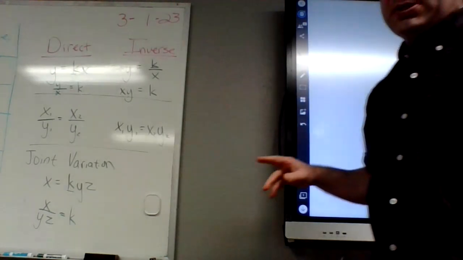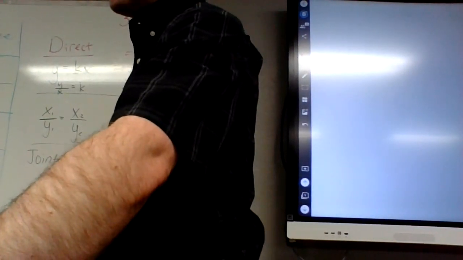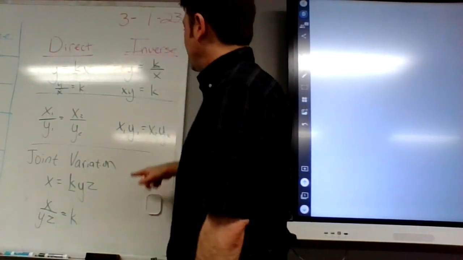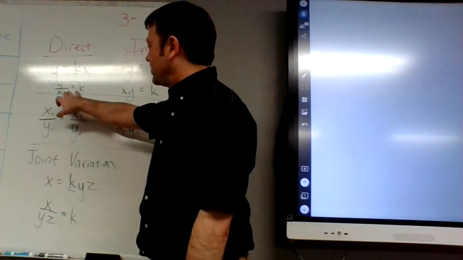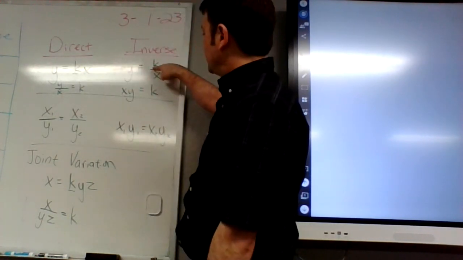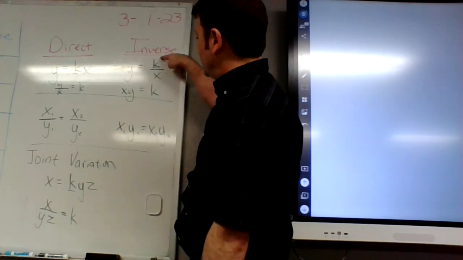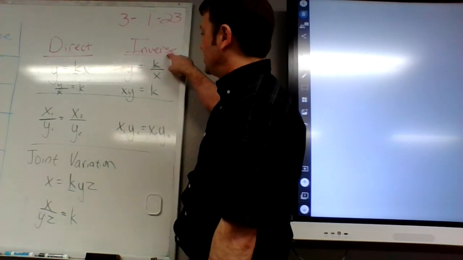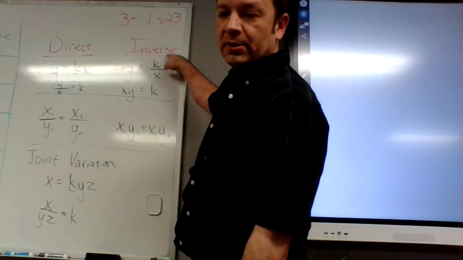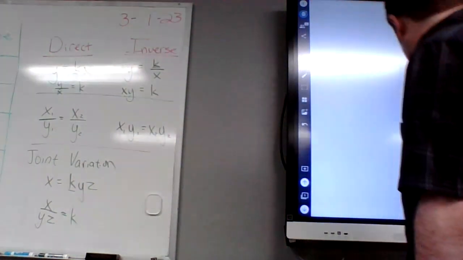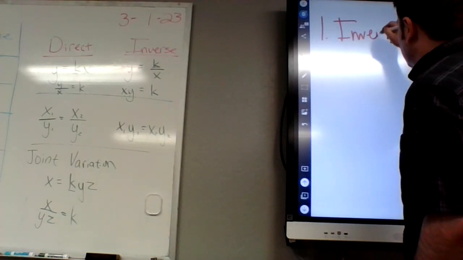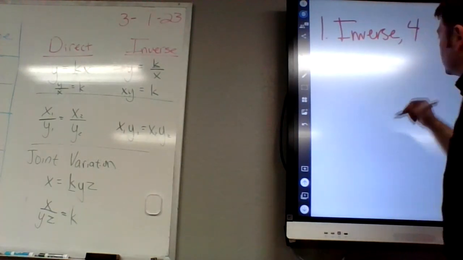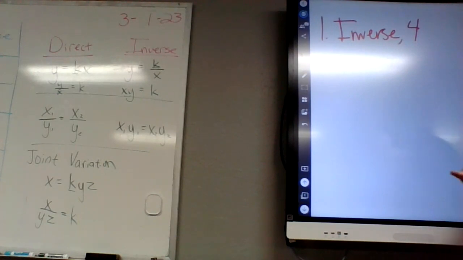Okay, so the 4, the constant, is up top, so it does kind of look like this one, right? But since the constant is over here above one of the variables, it's actually an inverse relationship on number 1. And what is the constant of variation on number 1? 4. It's not a trick question, it's just the number.